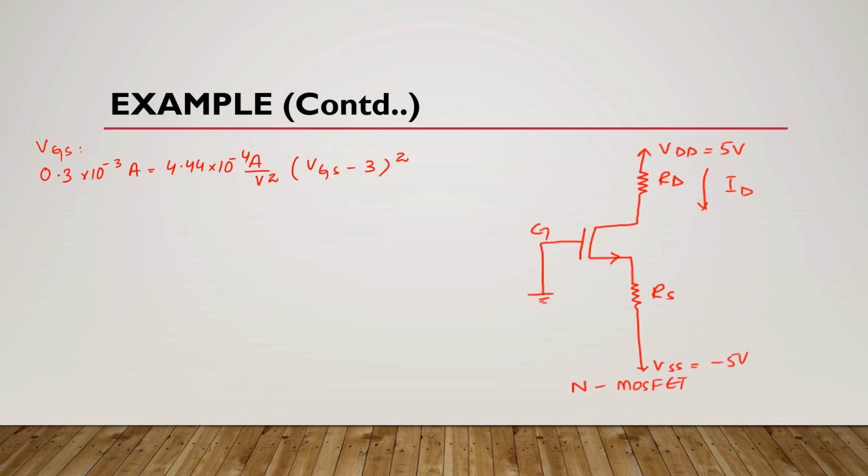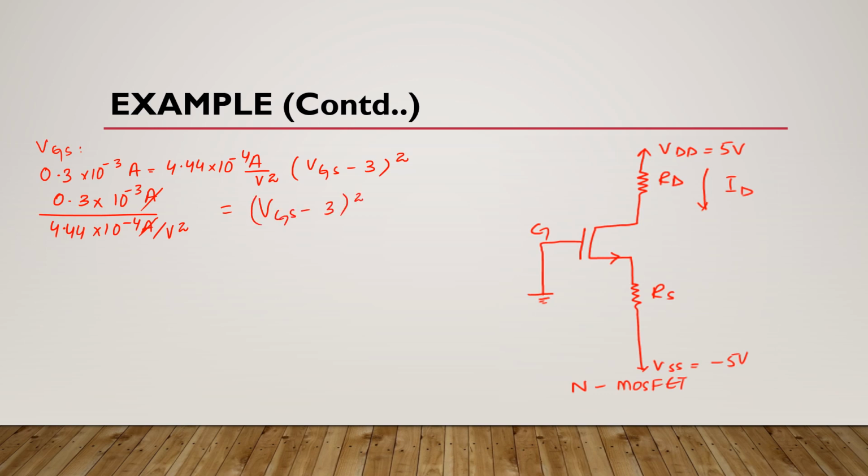Okay, now if we rearrange this equation, we get 0.3 into 10 raised to the power minus 3 amperes divided by 4.44 into 10 raised to the power minus 4 amperes per volt square. This ampere is going to cancel this ampere here, and here we have VGS minus 3 whole square.